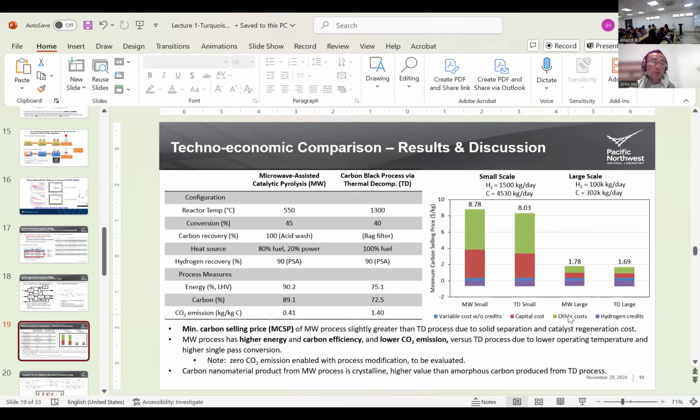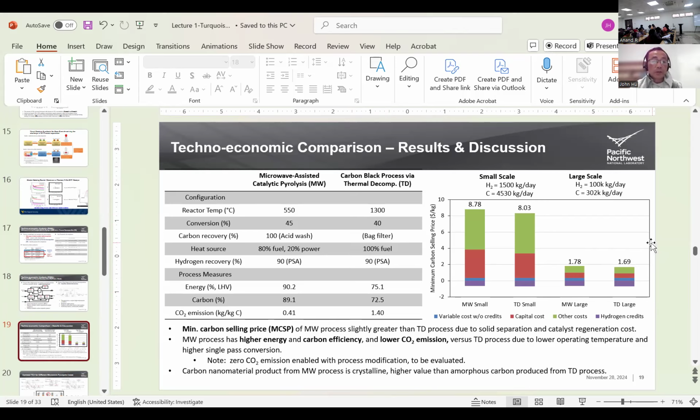So you have to build a large methane pyrolysis plant. The minimum selling price of carbon is $1.69, which is already close to carbon black. So that means for such advanced carbon we produce from this process, if we sell at the carbon black price, we can just make money.